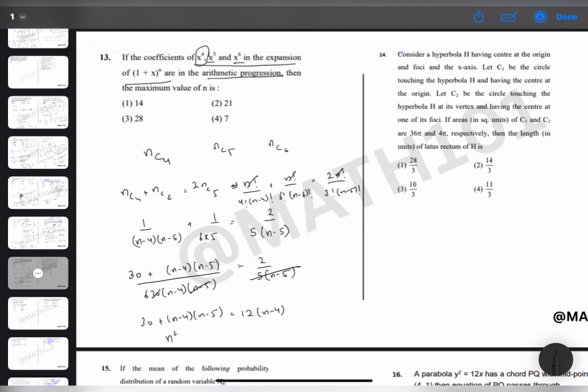So n square, let's just check the values. Now, n square minus 9n plus 50 equals 12n minus 48. n square minus 21n plus 98. So (n minus 14)(n minus 7) equals 0. So n equals 14 is our answer.